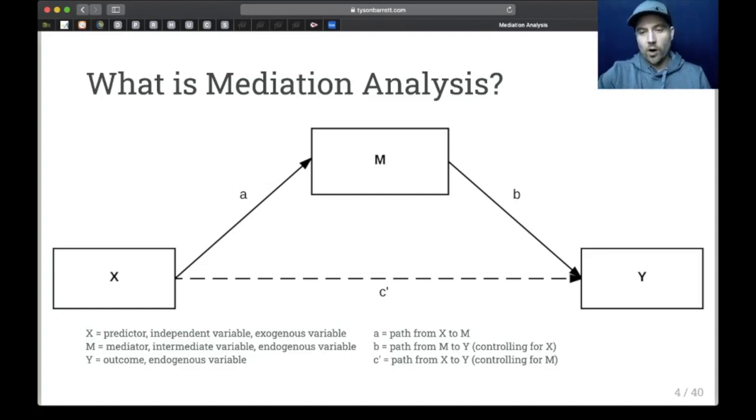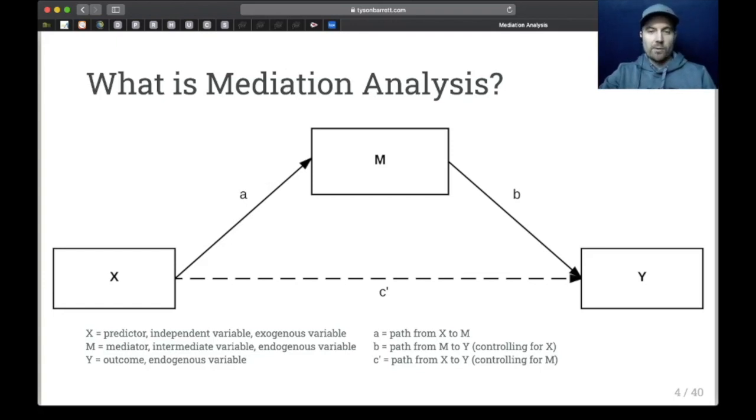And we look for all the arrows coming to it. And in this case, we have 2. We have one from M and one from X. So all those arrows that are going to Y, that's one model. In this case, it includes path B and path C prime.